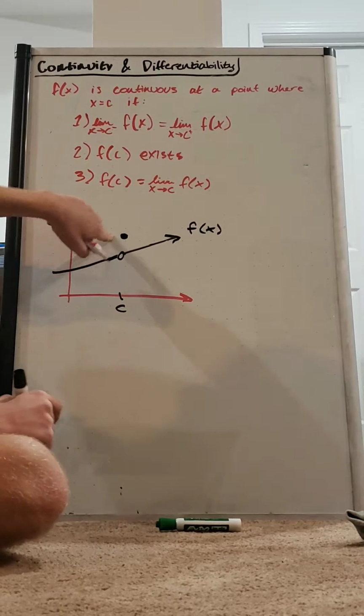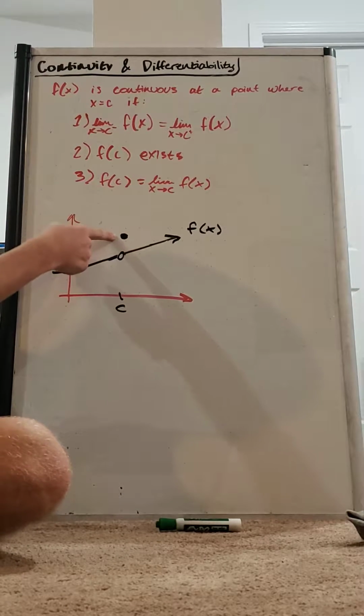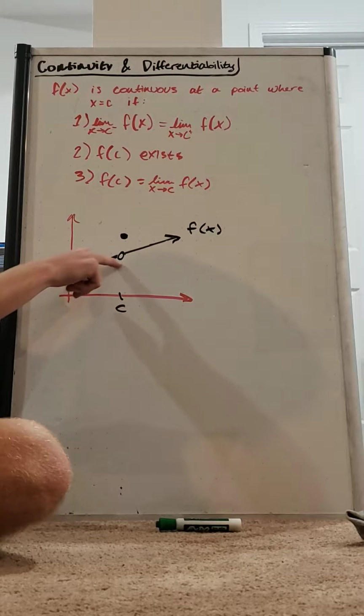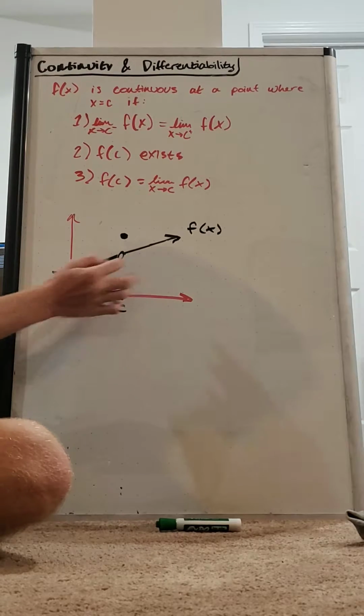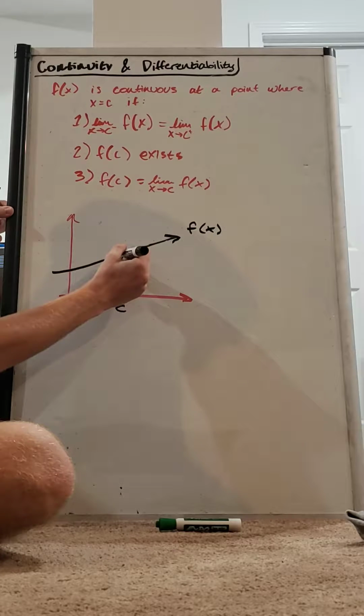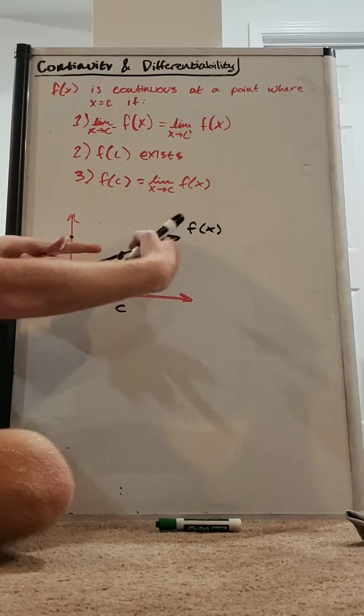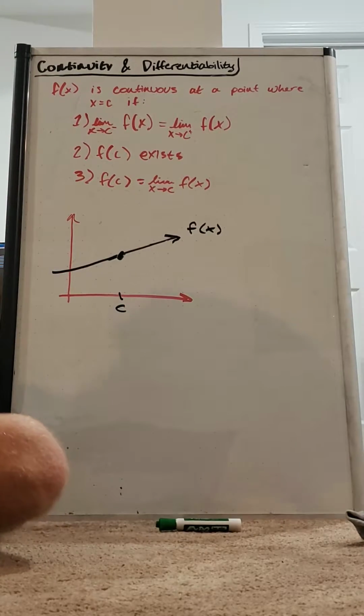So this would be a discontinuity, because the function value at this point does not equal the limit as it gets close to that point. So for it to be continuous at x equals c, this has to be a point that exists on the line and is equal to the limit from both sides of it.